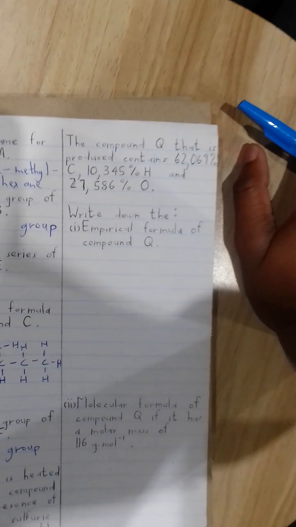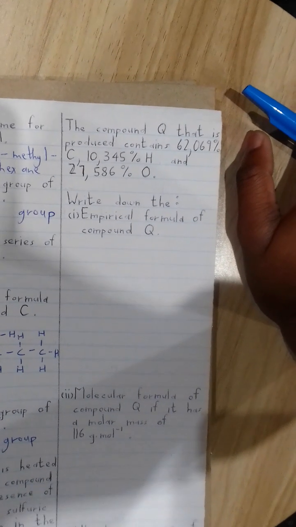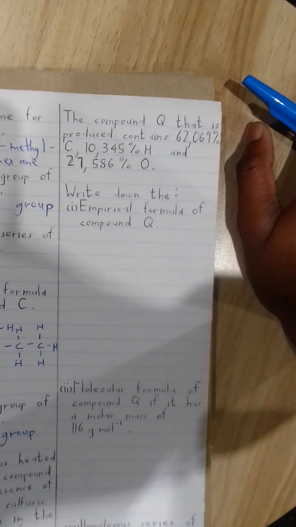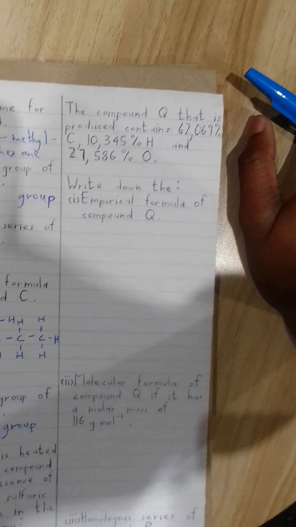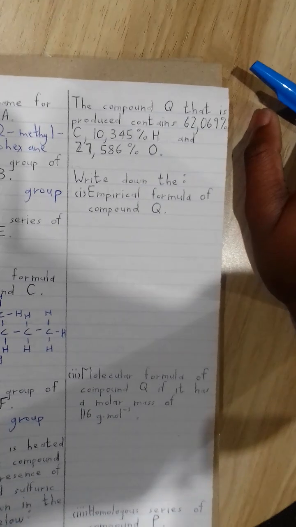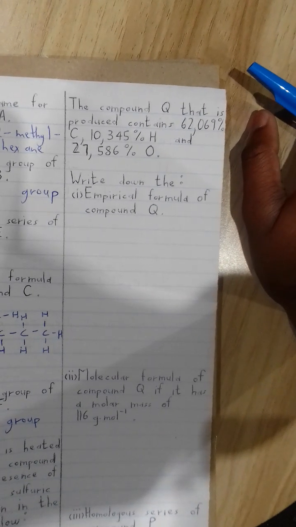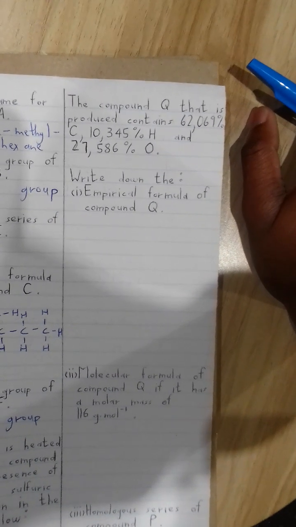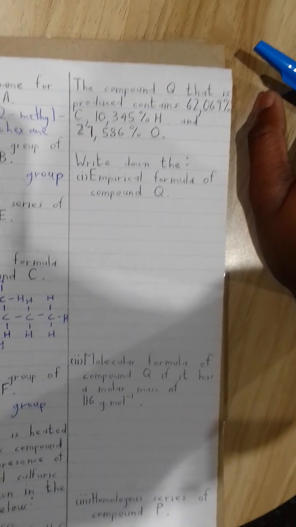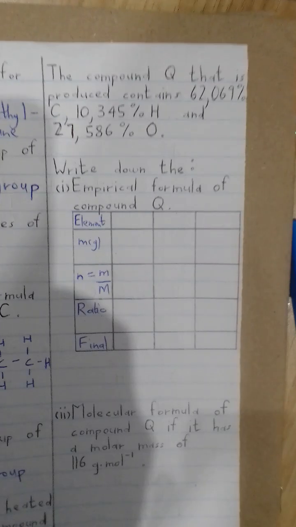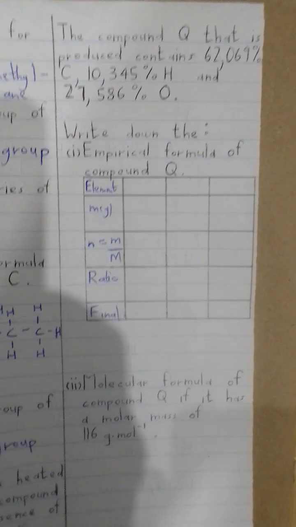Then it states the compound Q that is produced contains 62.069% carbon, 10.345% hydrogen, and 27.586% oxygen. Write down the empirical formula of compound Q. I was just constructing that table that you see. So elements, there's 3 of them.